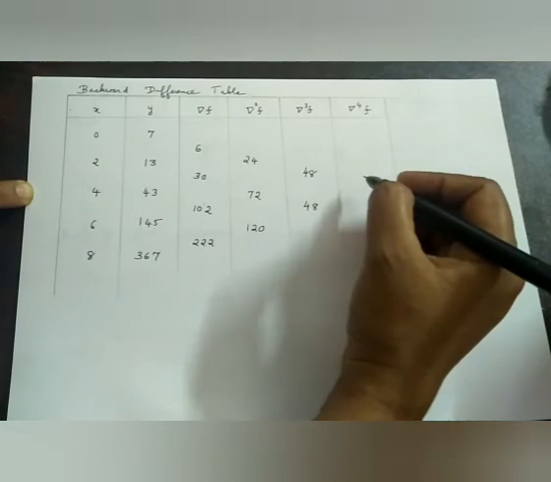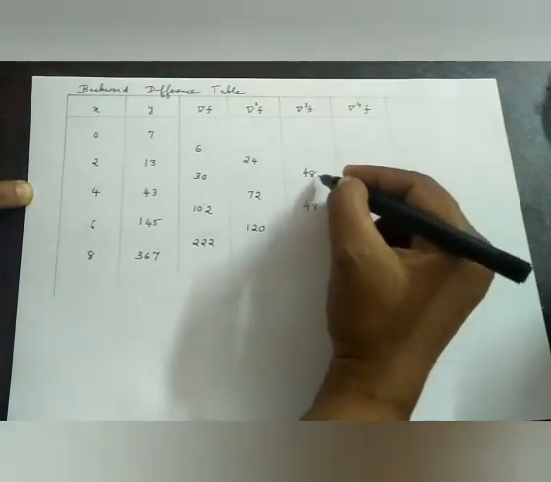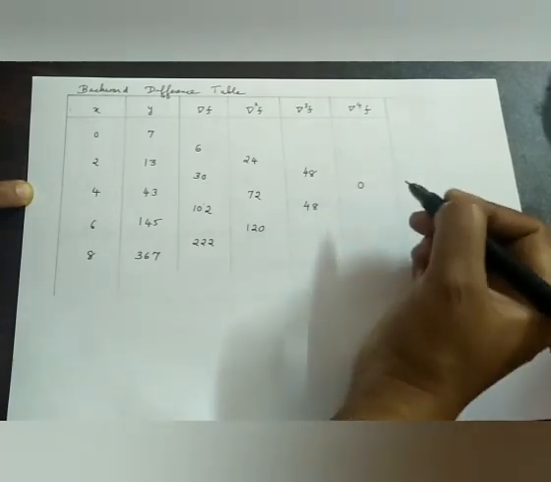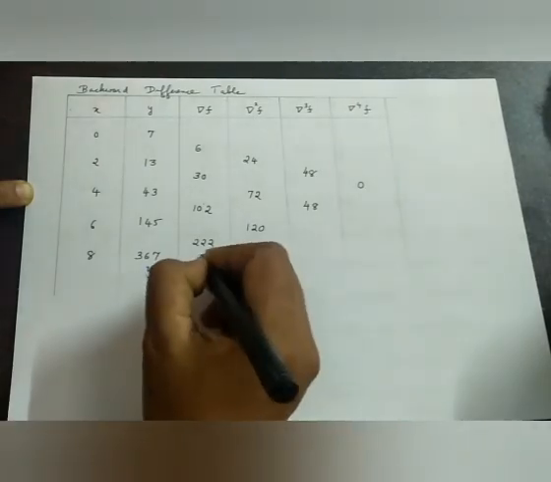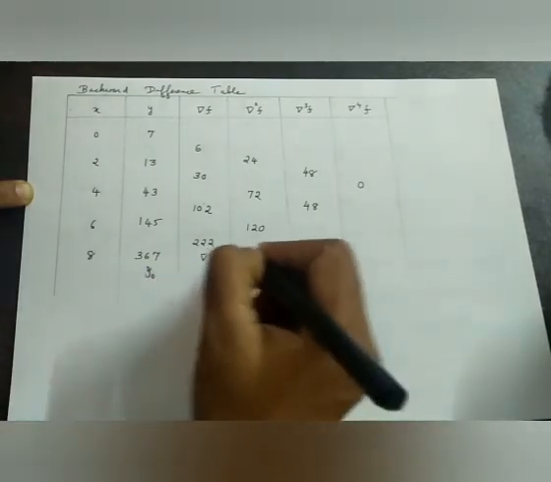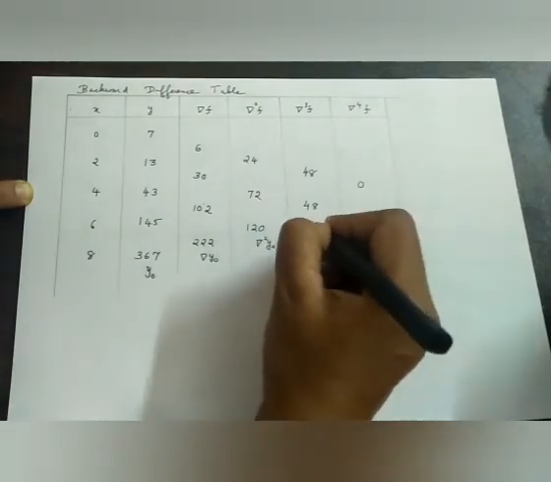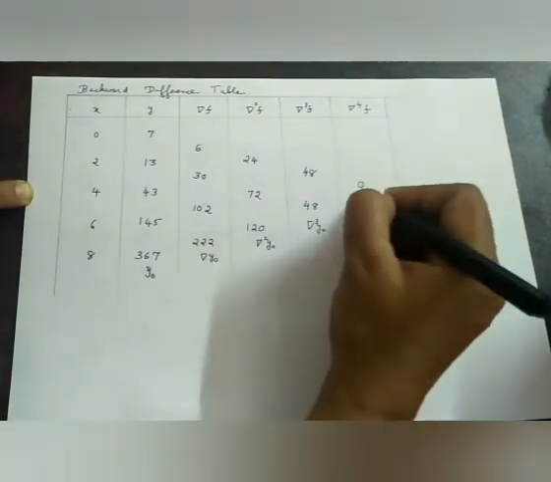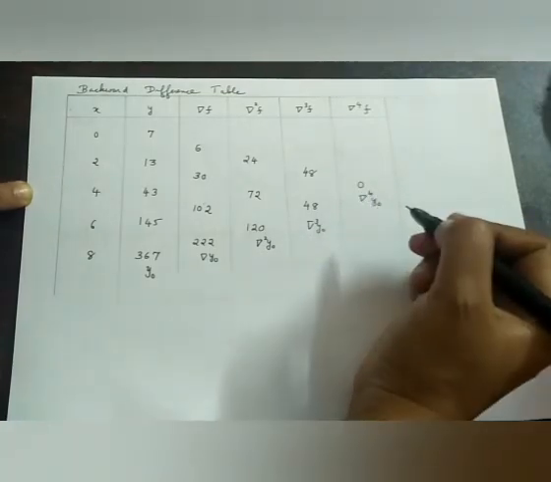Now del raised to 4 y naught, that is 48 minus 48 is 0. Since it is a forward difference table, I am putting y naught here. It will be del y naught, then del square y naught, then del cube y naught, and the fourth difference, del raised to 4 y naught.